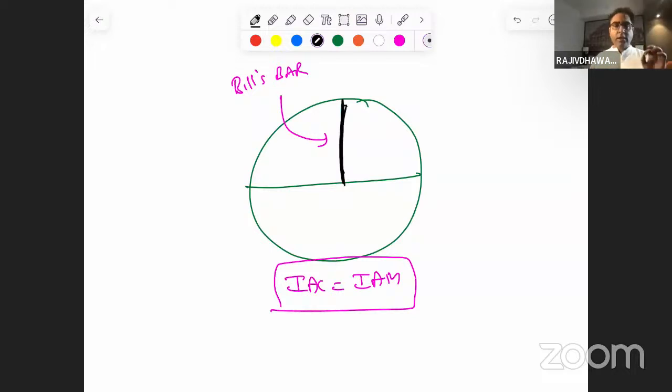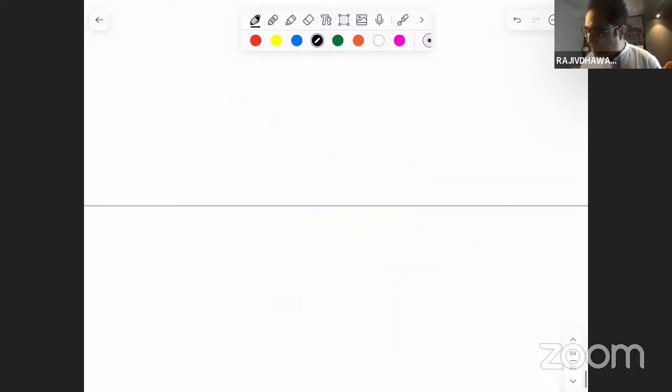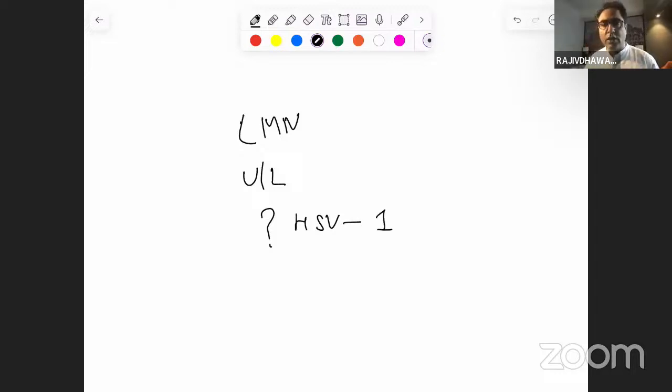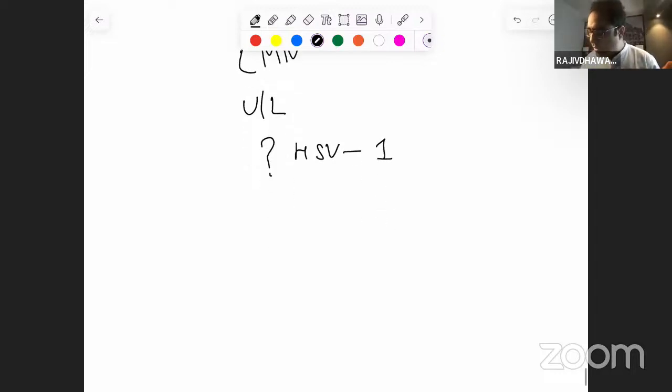Now, let me summarize the Bell's palsy points to remember. Bell's palsy is lower motor neuron facial palsy. It is mostly unilateral. There is edema of the nerve due to HSV1 infection, but not proven. The forehead muscles are also paralyzed.